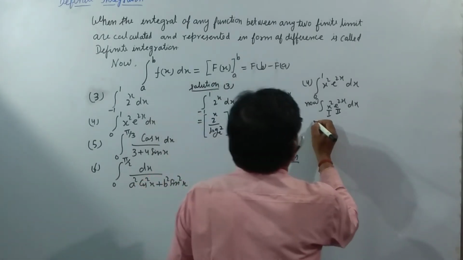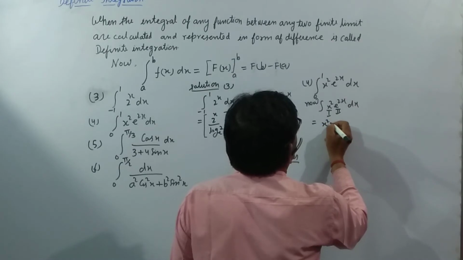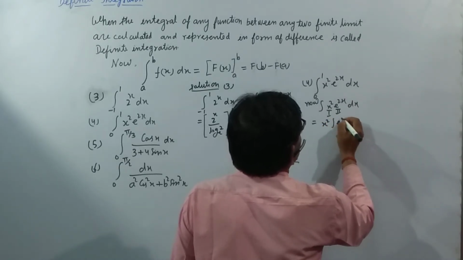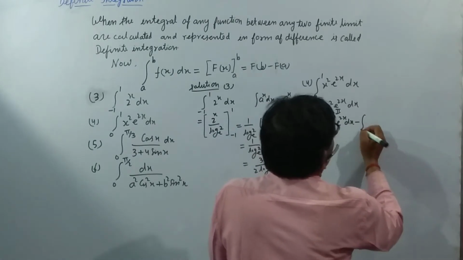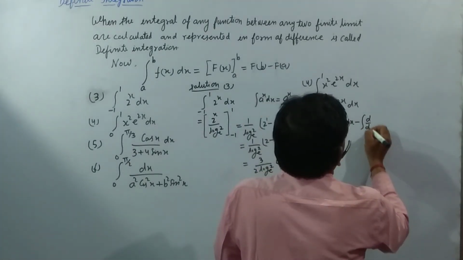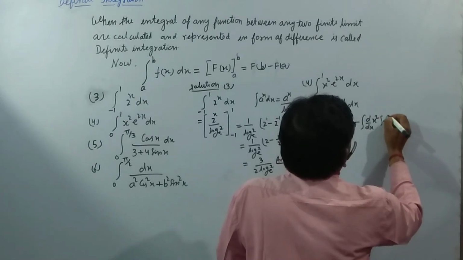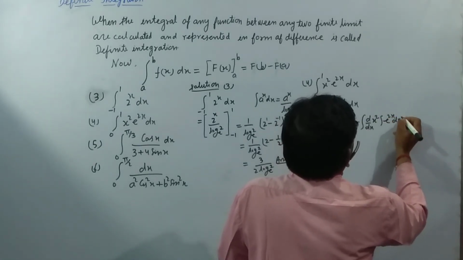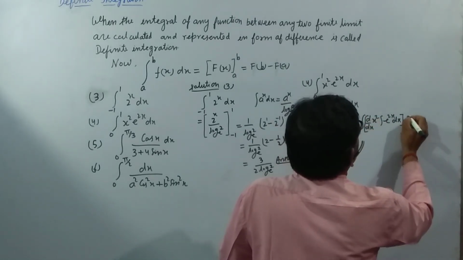As you know, integration of this is first function x square, integration of e to the power 2x dx, minus differentiation of first, x square, integration of second, e to the power 2x dx, and integration of the whole function dx.